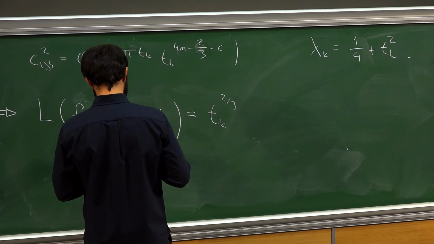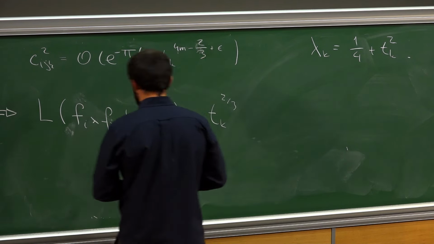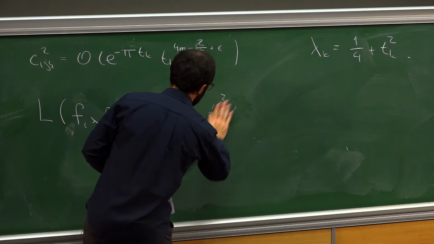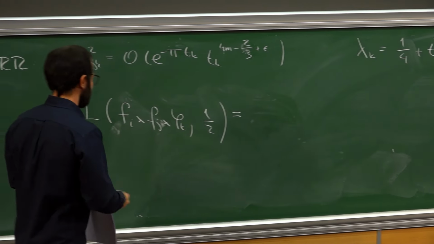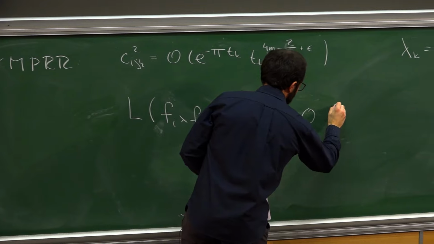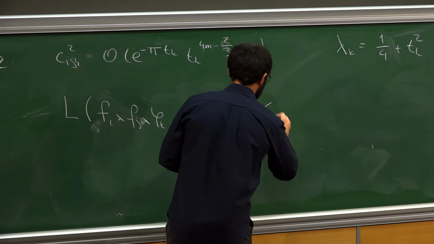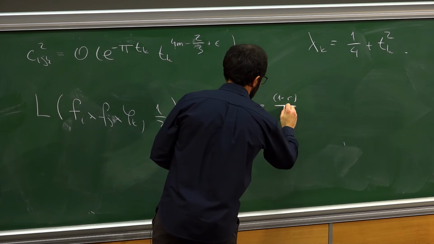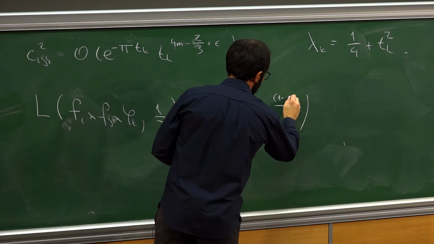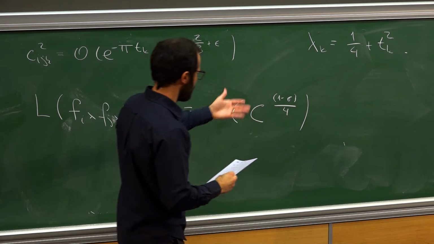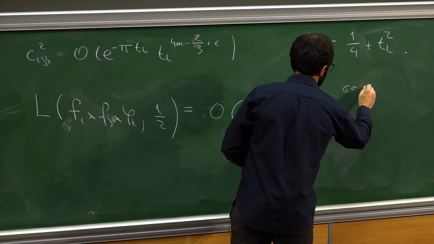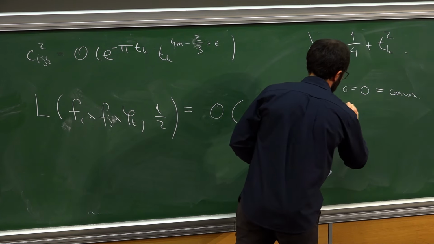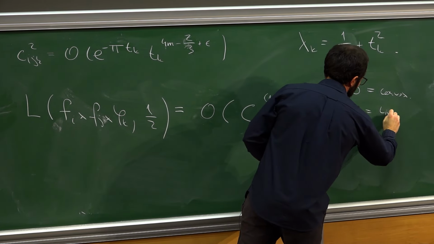And the conductor is, sorry, let me be more general, so more pedagogical. A subconvex bound would look as follows. You can measure how far you are to Lindelöf by sigma, where sigma equals 0 means convexity, and sigma equals 1 is Lindelöf.